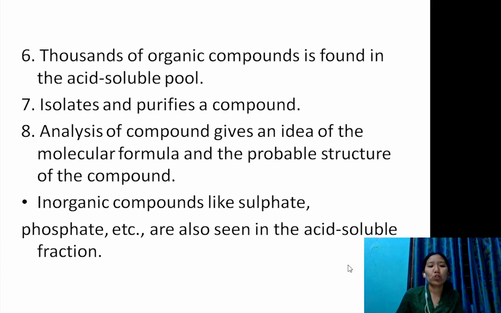In this way, we can analyze the organic compounds present in living tissues, cells or organisms. Now this acid soluble pool contains, of course, organic compounds. Other than that, inorganic compounds such as sulfate and phosphate are also seen. Now next, how do we analyze the inorganic components present in living tissue?